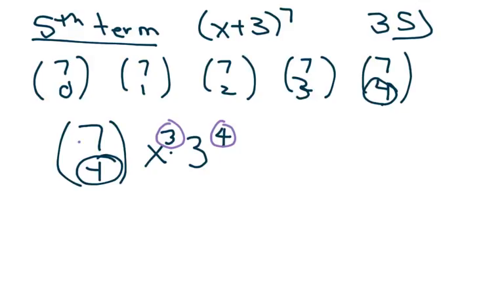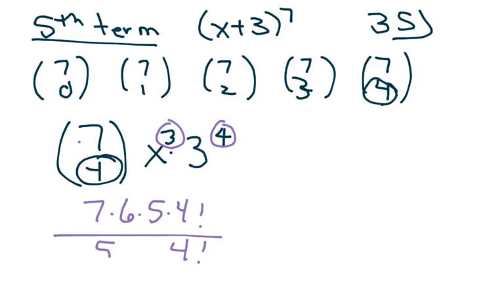So basically, this is 7 times 6 times 5 times 4 factorial over 4 factorial times, no, not 5 factorial, but 3 factorial. So 3 factorial is really 3 times what? 2.